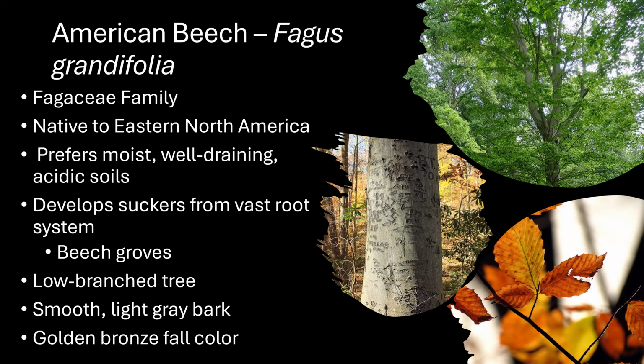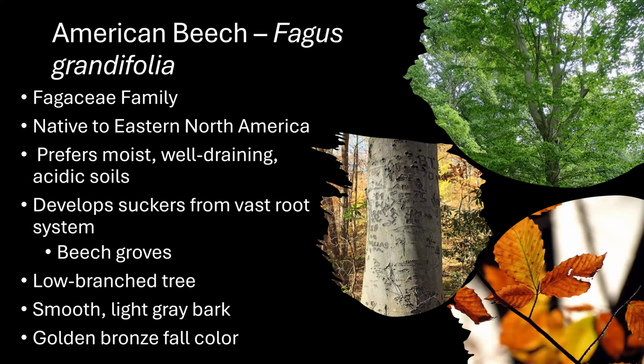And with the Fagaceae family, this is our same family as our oak species, our chestnuts, things like that. So a lot of these trees are deciduous tree species in the more temperate climate, whereas there may be some more evergreen species kind of found more in our tropical climates, but specifically American beech.